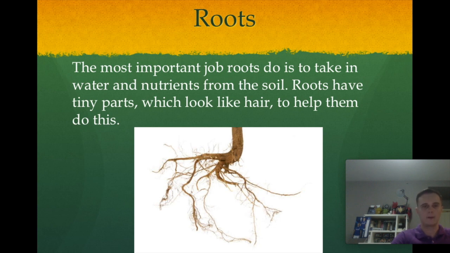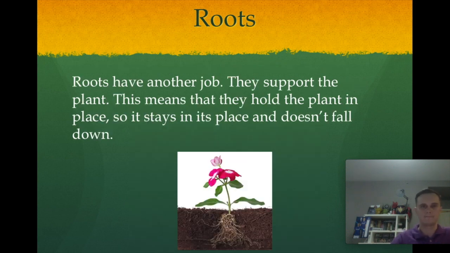Like I've already told you, plants need water and they need nutrients to stay alive. And for plants that live on land, that comes from the soil. So the roots, they have tiny little hairs, tiny little parts that look like hairs, and they spread the roots out through the soil to get as much water and as many nutrients as possible.